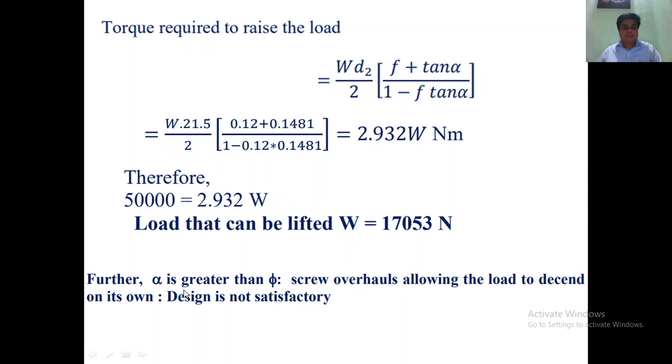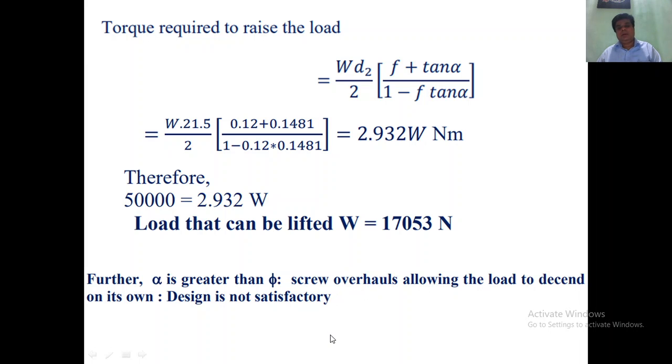Now for the design, we know that for functioning we have the overhauling or self-locking condition. Here alpha is greater than phi. When alpha is greater than phi, we have seen that the screw overhauls.